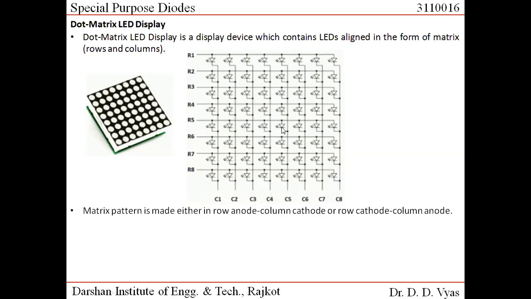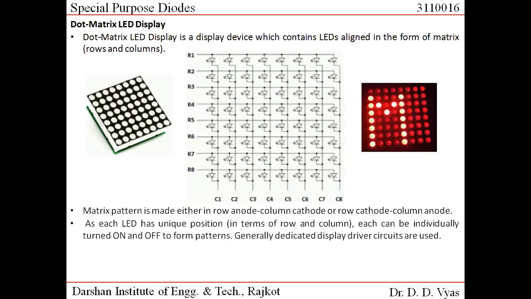So there are two popular arrangements available: row anode column cathode, or row cathode and common anode. As each LED has a unique position in terms of rows and columns, each can be individually turned on to form a particular pattern.